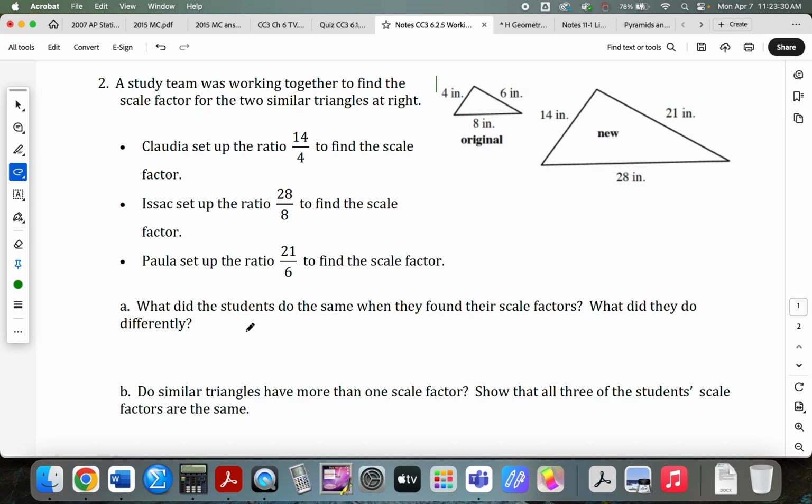Say it again. I'm sorry, I missed the first part. And which one did they put on the top every time? Yeah, they always put the new over the original.